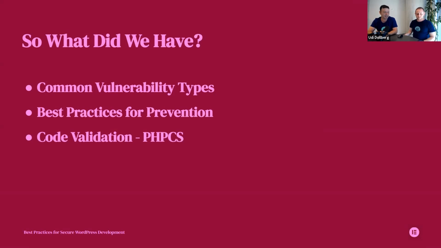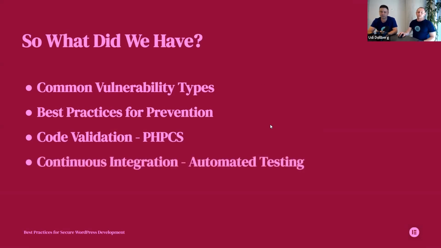I see no reason not to use it. And continuous integration: use GitHub Actions, Travis, Jenkins, any CI platform, and run all your code through it before putting it into your product. Automated testing. This is everything basically in a nutshell.